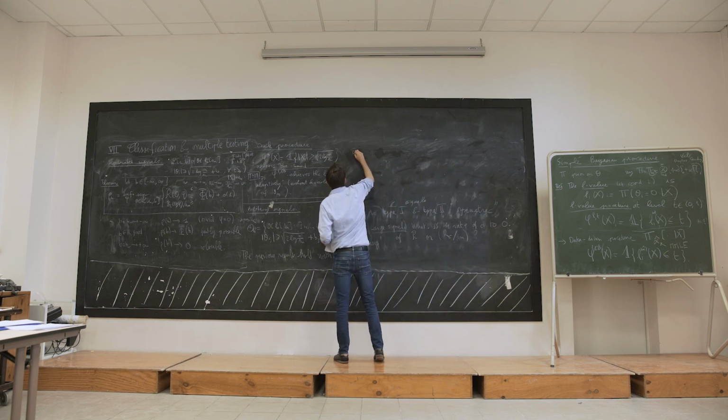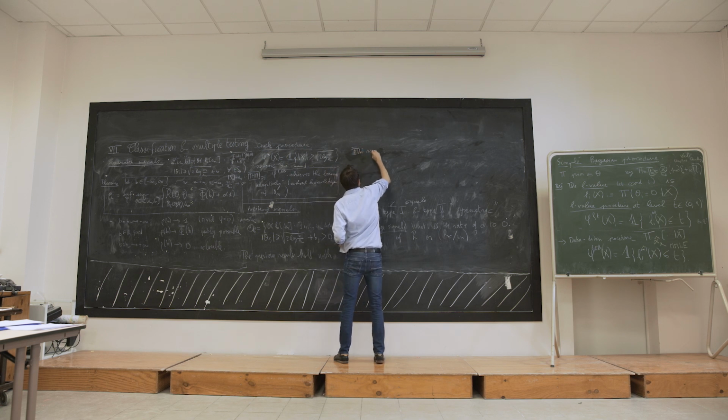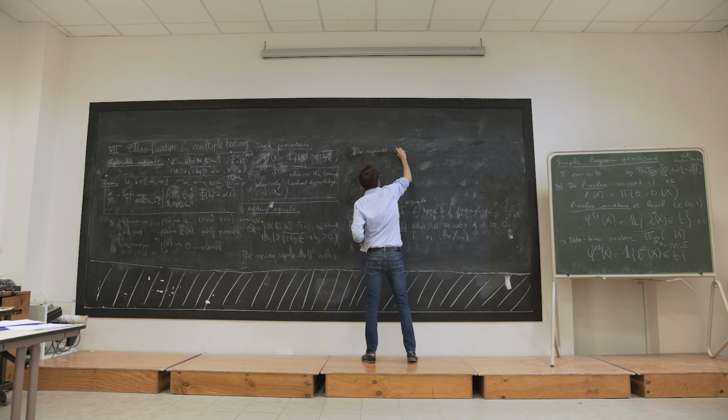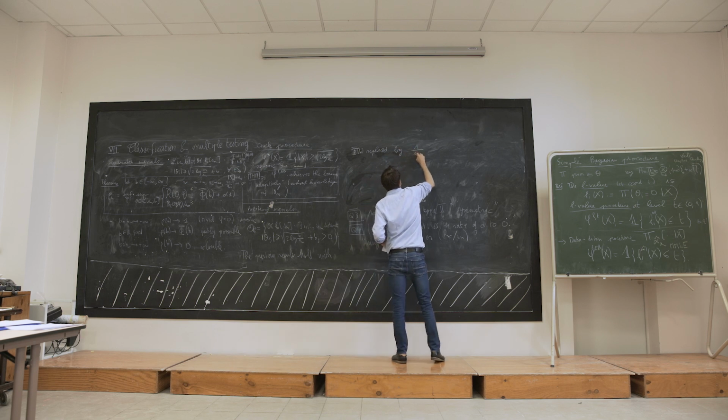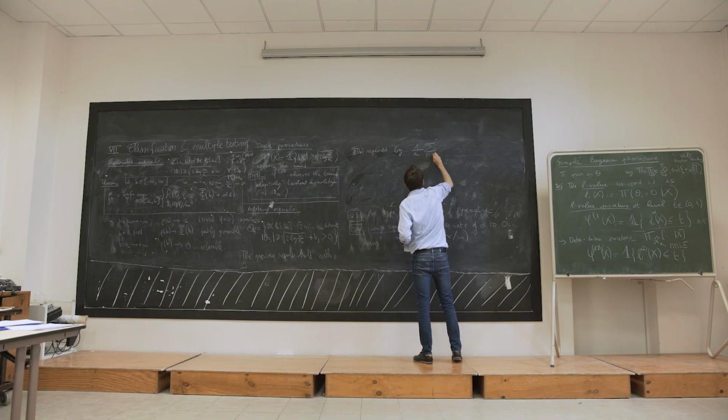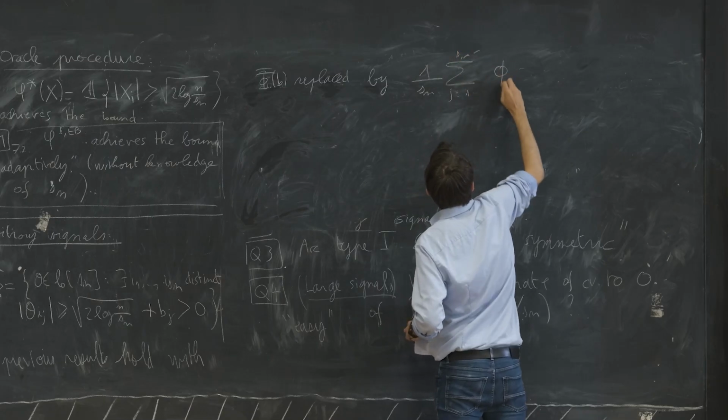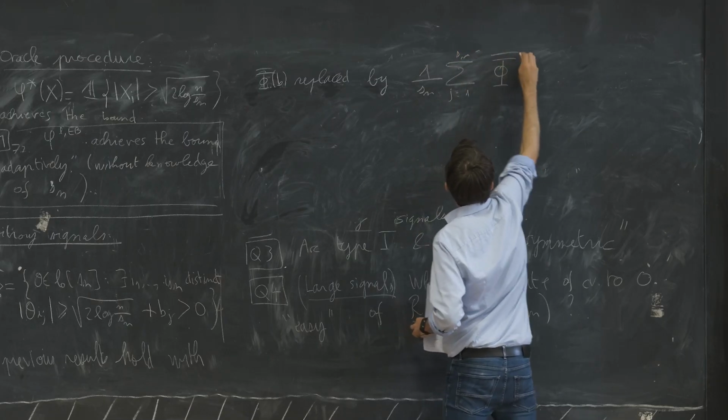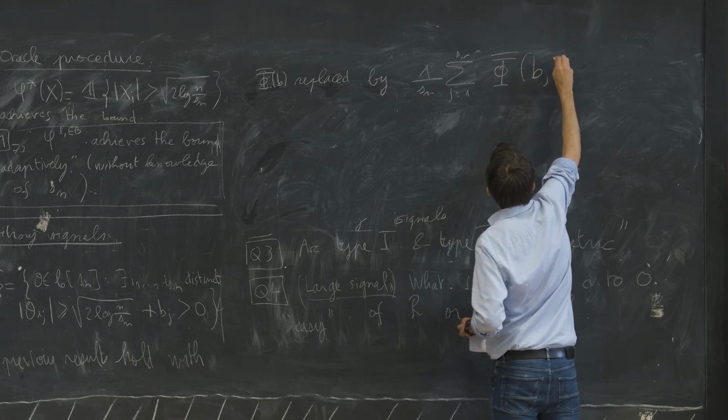So with the constant phi bar of b replaced by 1 over Sn, the sum over j equals 1 to Sn of phi bar of bj.